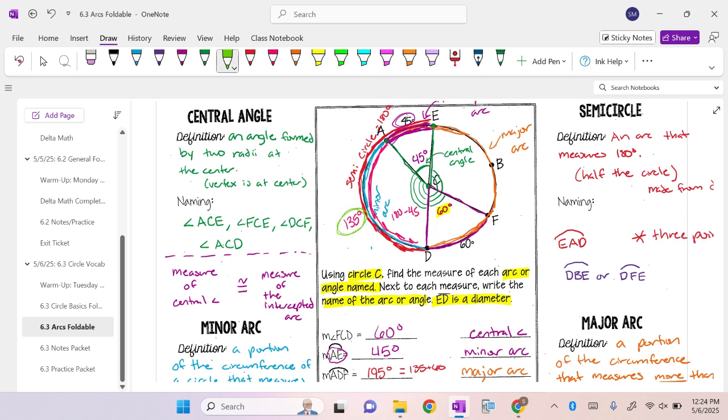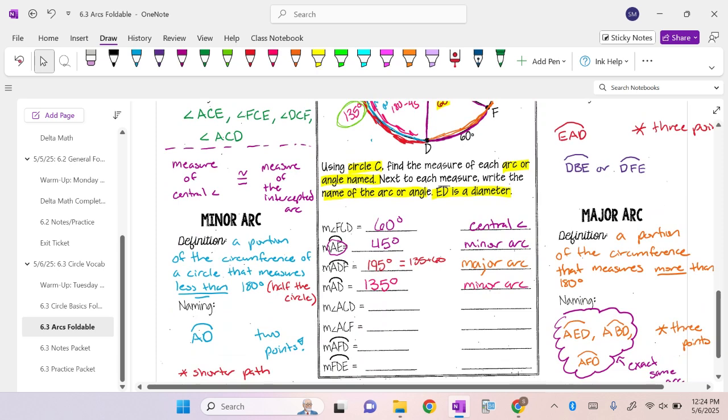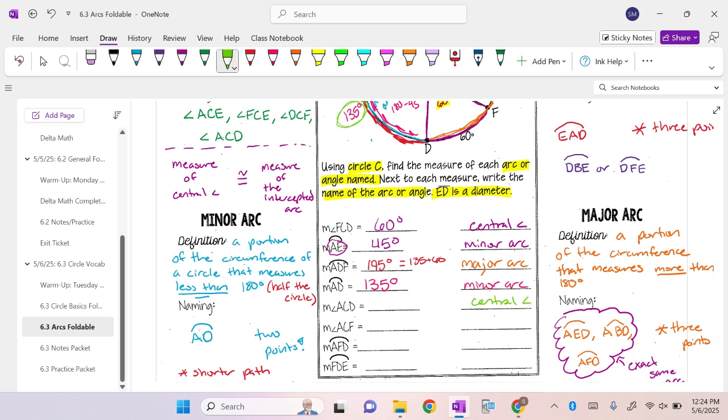What's true about this type of angle? First off, what type of angle is it? It's a central angle. What's so special about central angles? They are congruent to their intercepted arc.